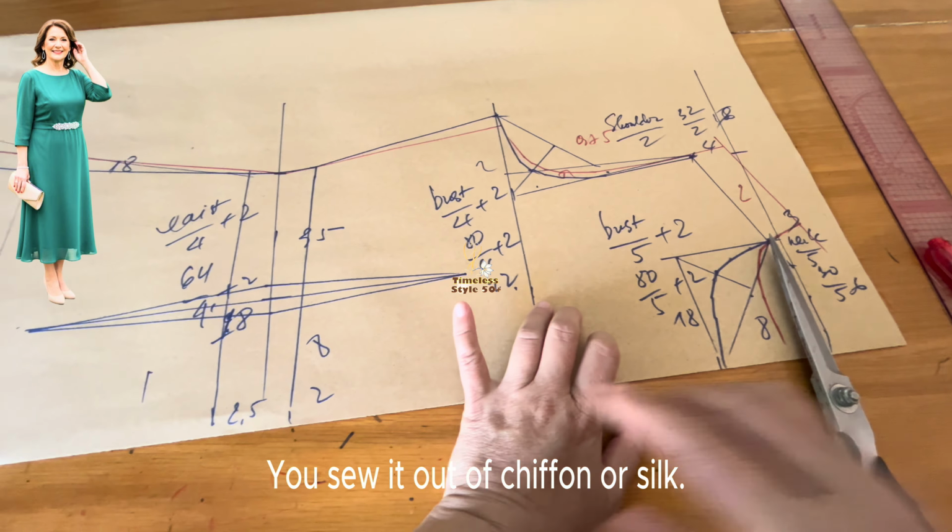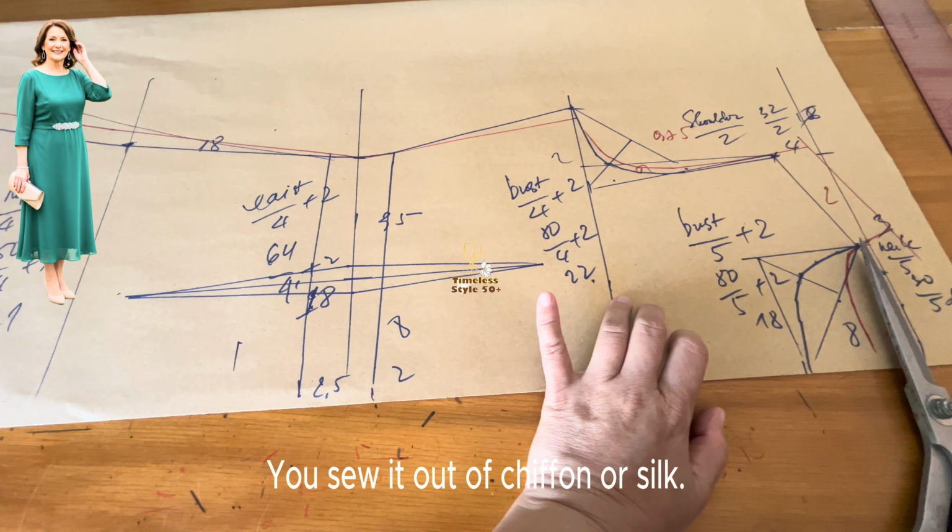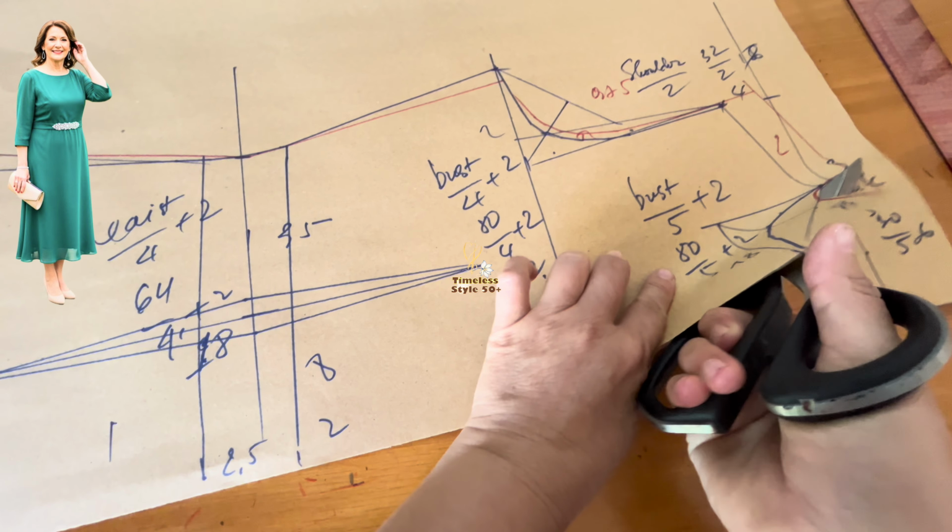You sew it out of chiffon or silk. All wool is fine. Then I started cutting. The back is based on the red line.